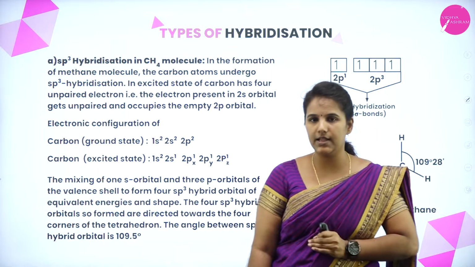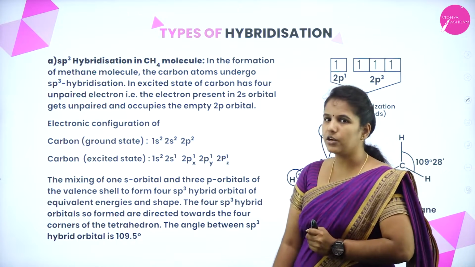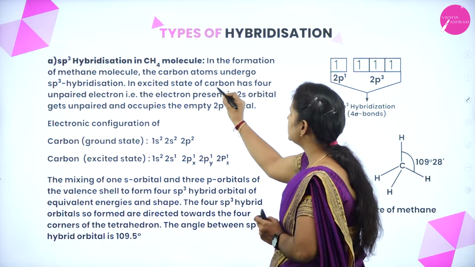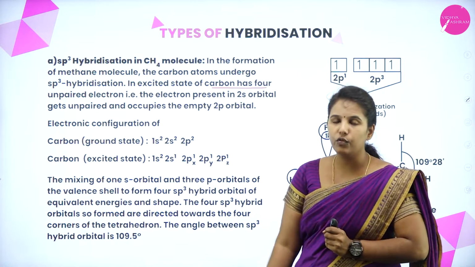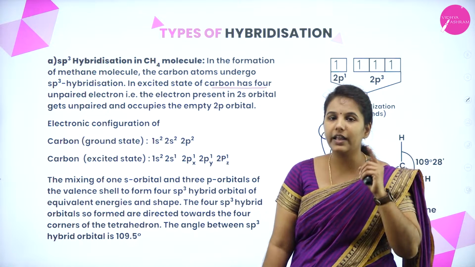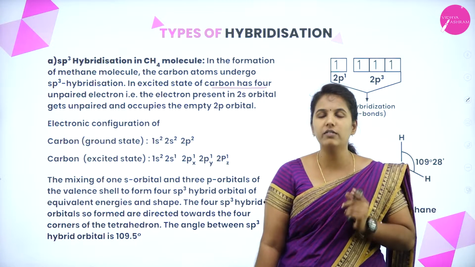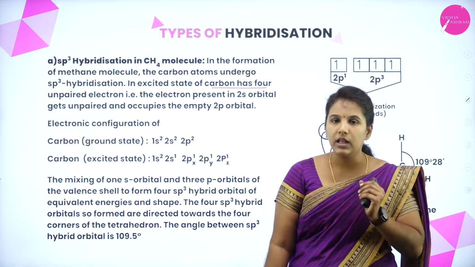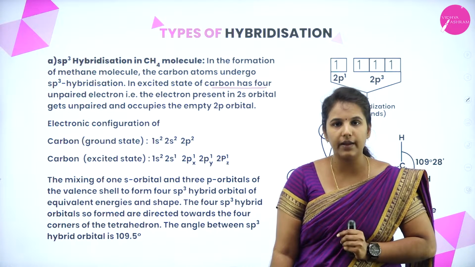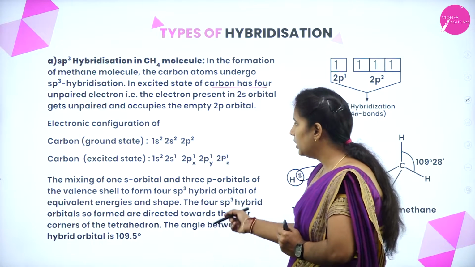In the methane molecule, the carbon atom undergoes what? sp3 hybridization. In the excited state, it has 4 unpaired electrons, and these 4 unpaired electrons pair up with 4 different hydrogen atoms, resulting in tetrahedral geometry. Let us see the ground state and excited state electronic configurations of carbon.